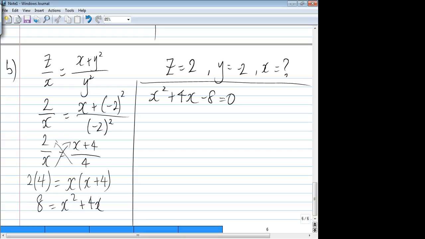I know my a is the coefficient of X squared, which is 1. B is the coefficient of X, which is positive 4. And c is the constant, negative 8. So straight away I can write down X equals minus b plus minus the square root of b squared minus 4ac.